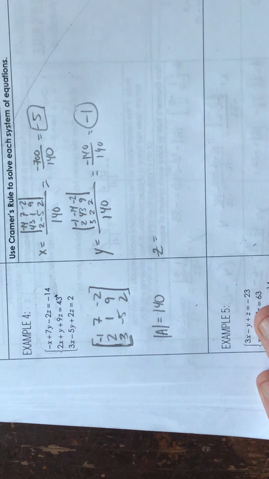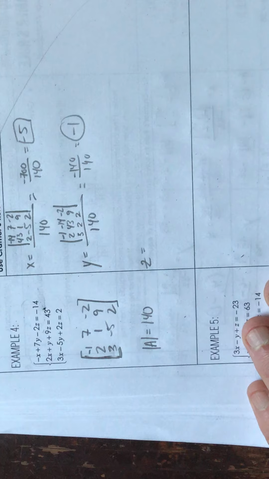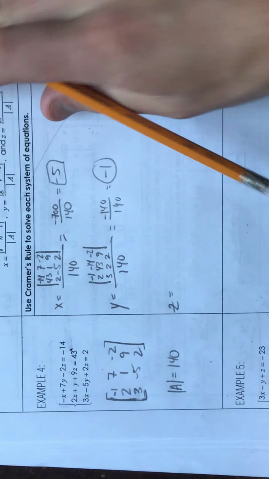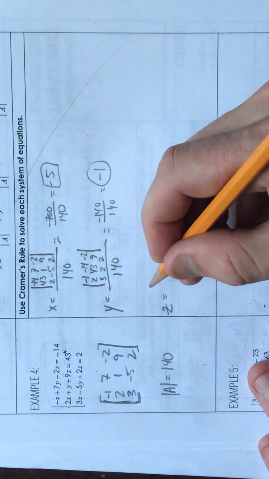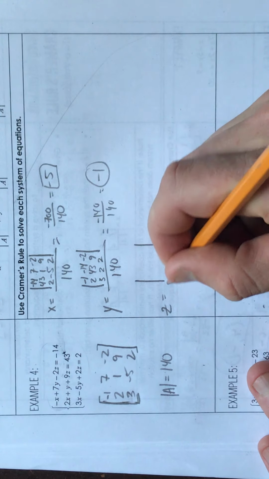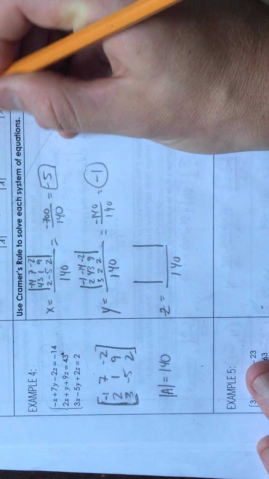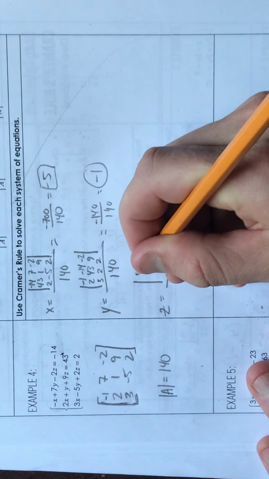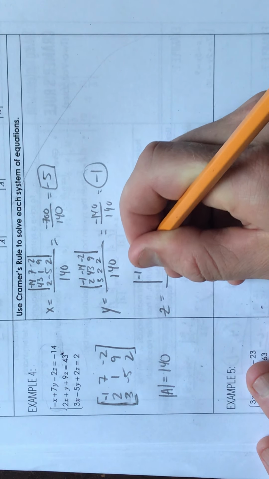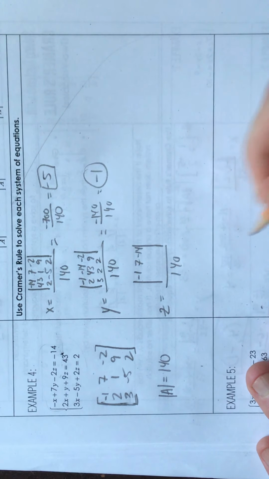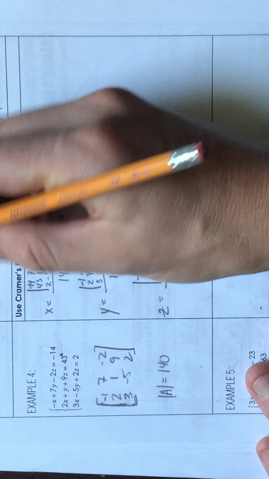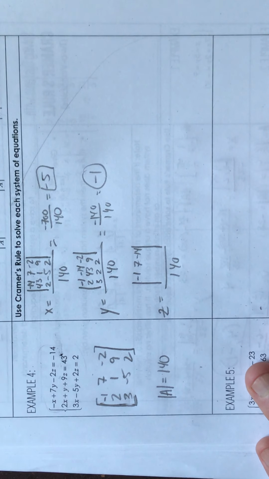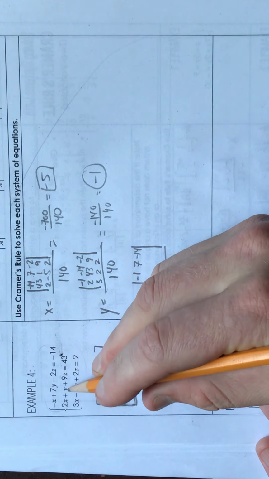And then we still got to do z. Remember, in 3 variable systems, we're going to have 3 answers here. And for this guy, we have ABJ. That's going to be -1, 7, and then -14. DEK, that's going to be something like 2, 1, 43.